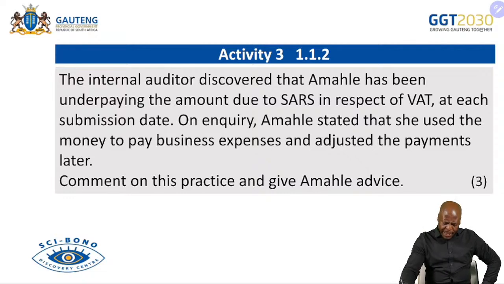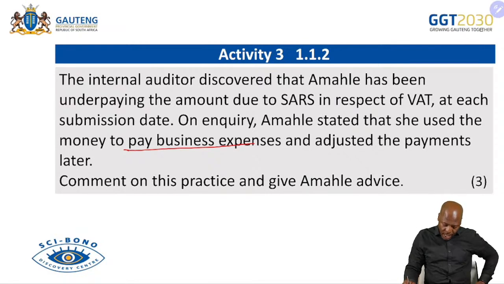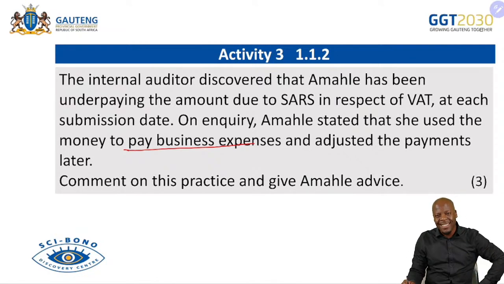Upon inquiry, Amahle stated that she used the money to pay the business expenses. Already, there's a problem here, because she has used the amount due to SARS for VAT to pay for business expenses and adjusted the payments later. Okay, you can follow what is happening here.